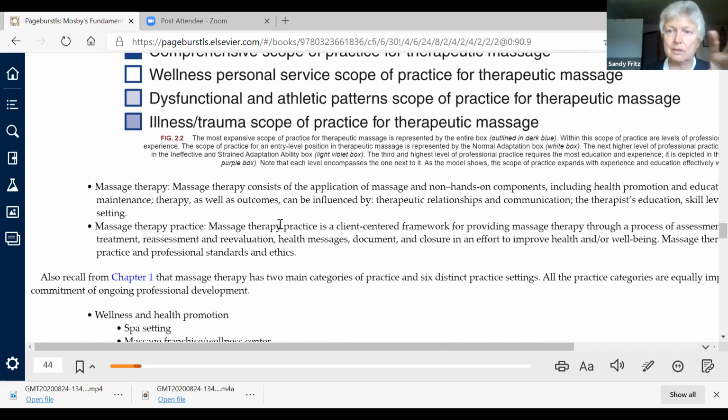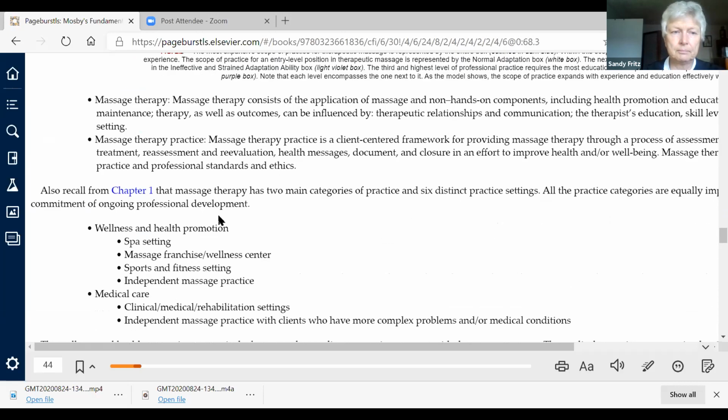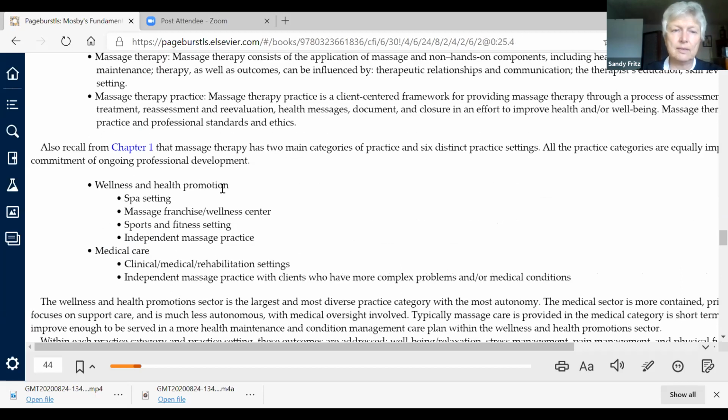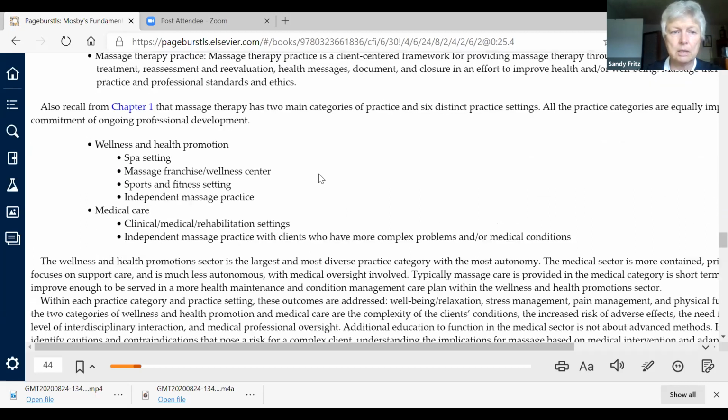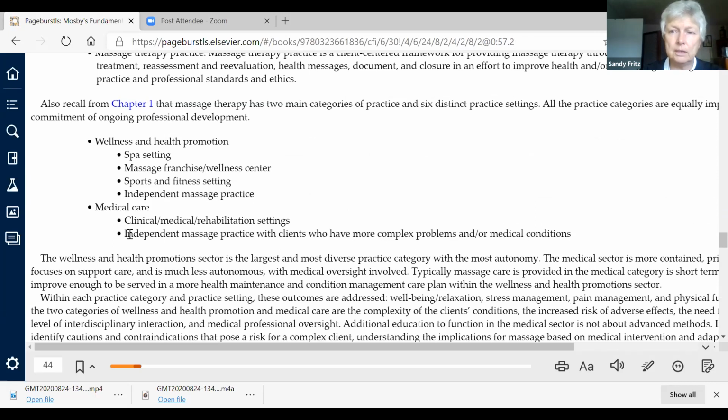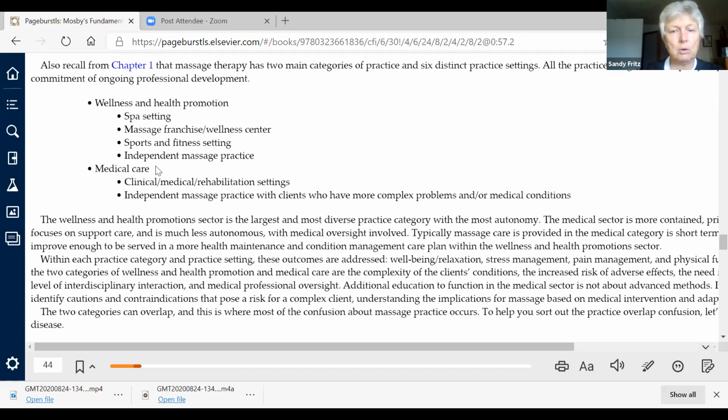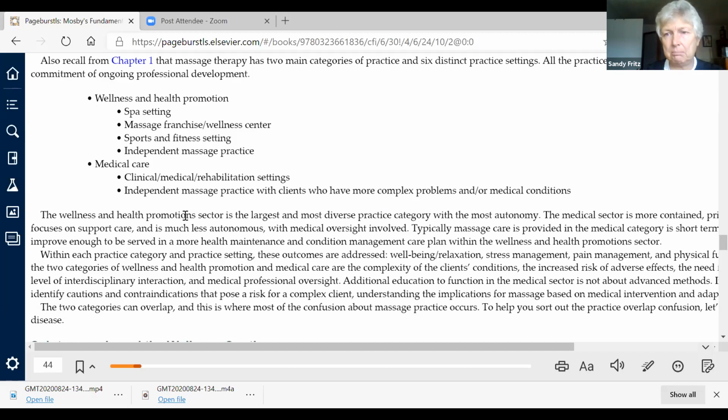That's what makes us a unique occupation. And we practice uniquely. We can practice in this wellness and health promotion arena, which I strongly, strongly, strongly support, as well as within a multidisciplinary team in medical care with people that are more complex. And there's a continuum here, certainly. So let's just keep that in mind.